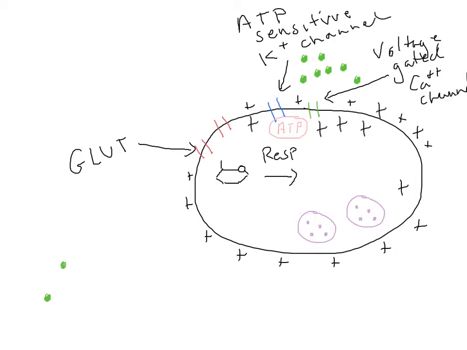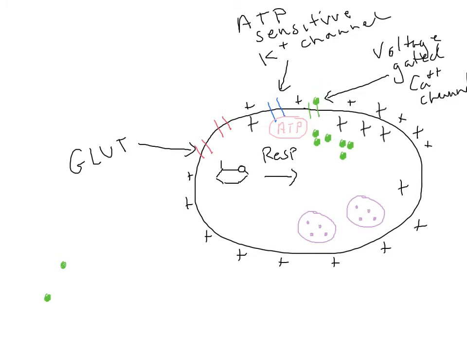That depolarization of the cell surface membrane results in calcium ion channels, which are voltage gated, opening. The depolarization opens these calcium ion channels and results in calcium ions, which are these green blobs, diffusing along the concentration gradient into the beta cell. So in come these green calcium ions.